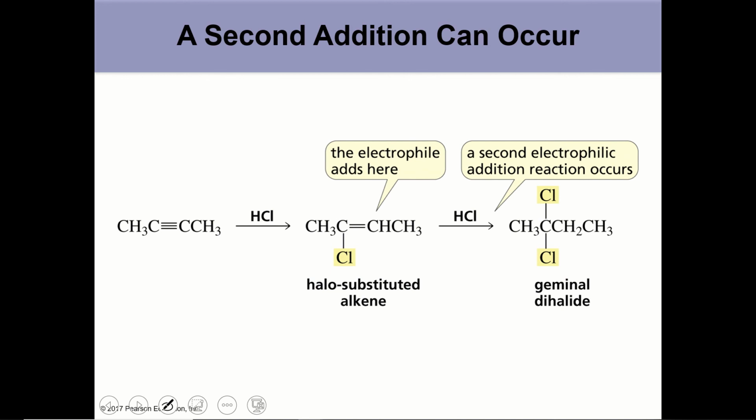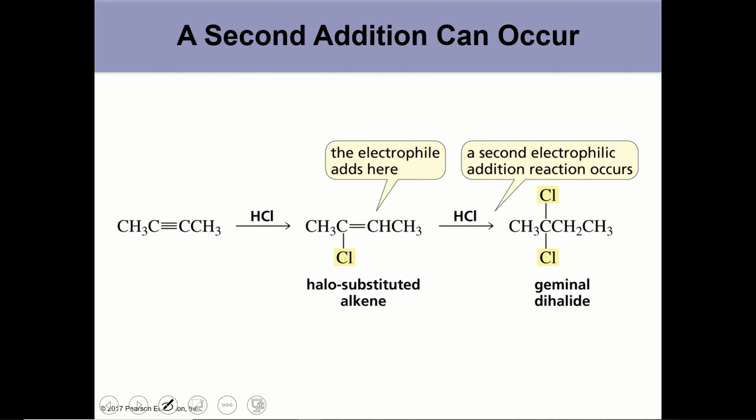So when we have HCl with an alkyne, usually we're using it as a solvent. What that means is that HCl is present in excess of the alkyne. So if we have 1 mole of alkyne and maybe 2, 3, 4, 5 moles of HCl, then we have excess HCl, and HCl will react twice.